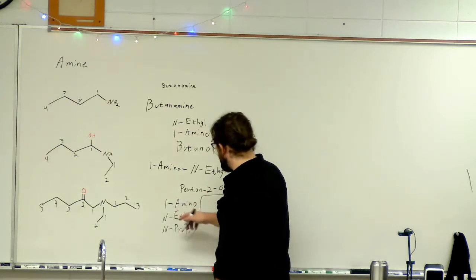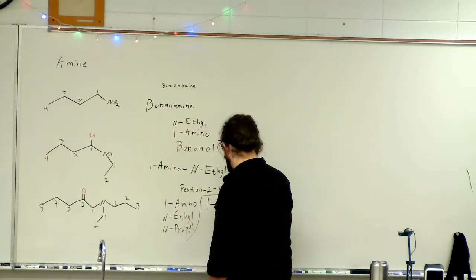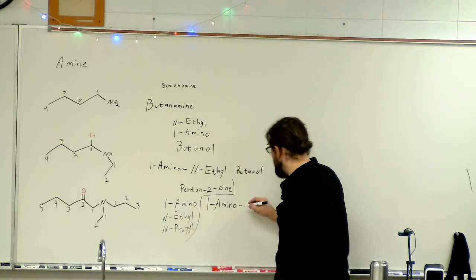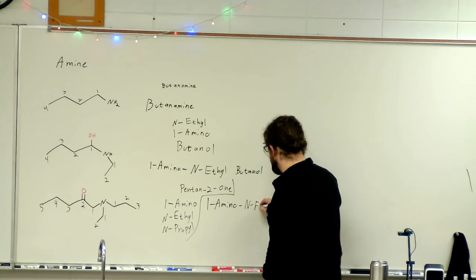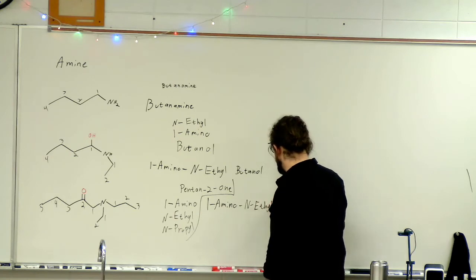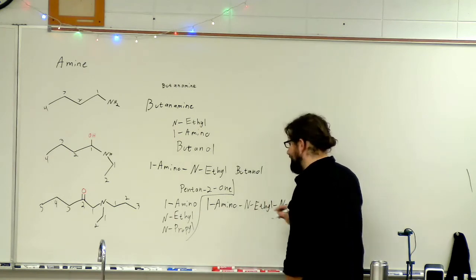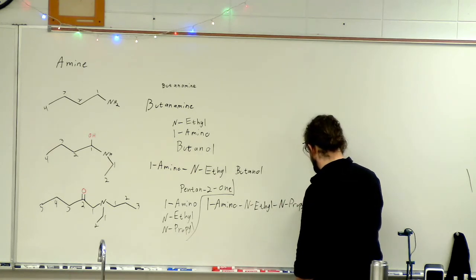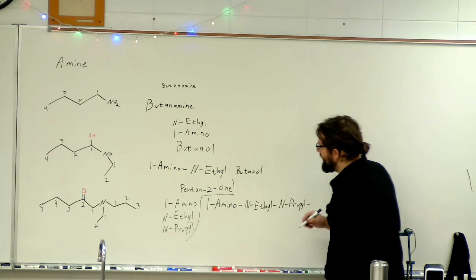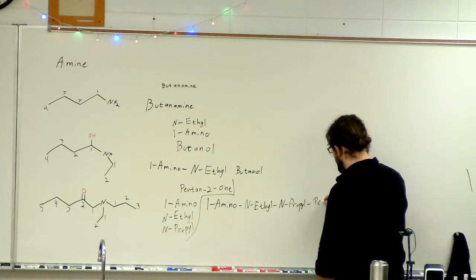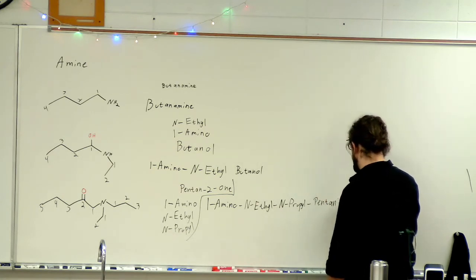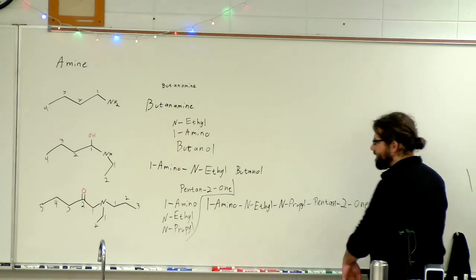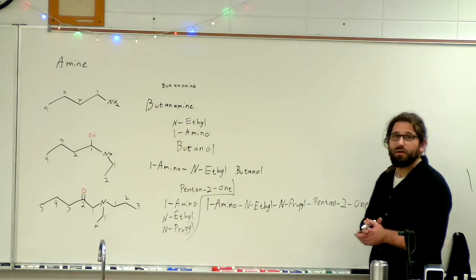So I'm going to go in alphabetical order. I've got 1 amino, then N-ethyl, N-propyl, pentan-2-one. There we go. That's how we name our amine groups.